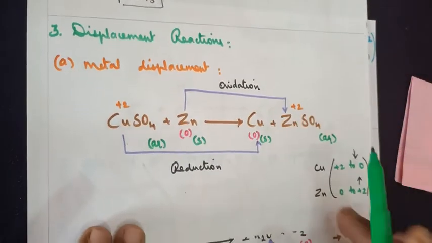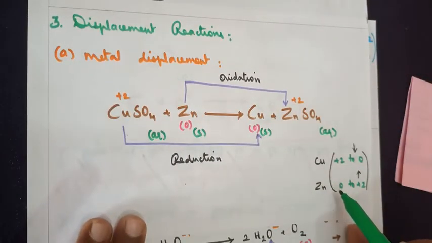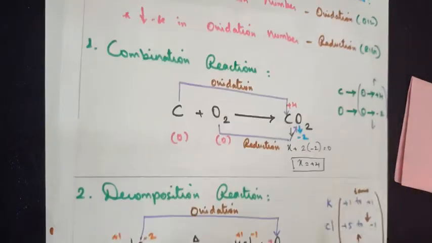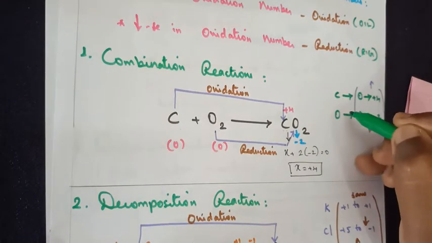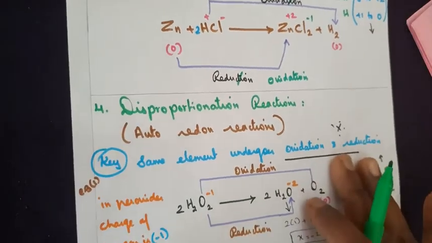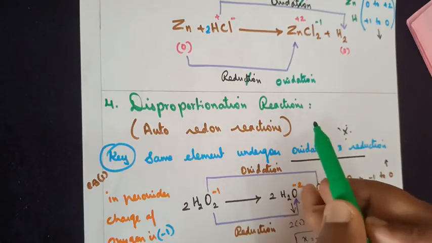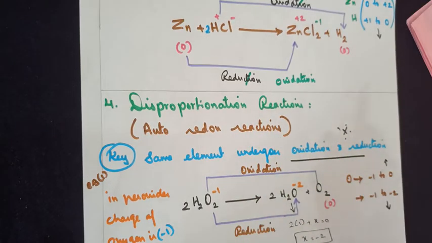In case of metal displacement, between copper and zinc, 2 elements are involved. Here again between chlorine and oxygen, 2 elements. Here again between carbon and oxygen, 2 elements. But when we say disproportionation reactions or auto-redox reactions, the same element will undergo oxidation and reduction.